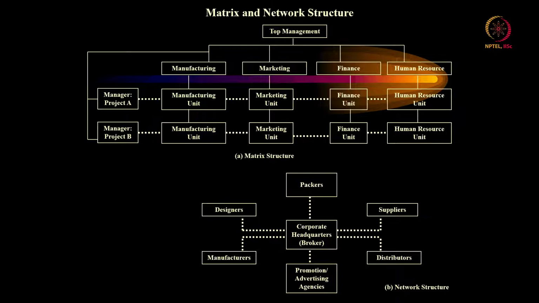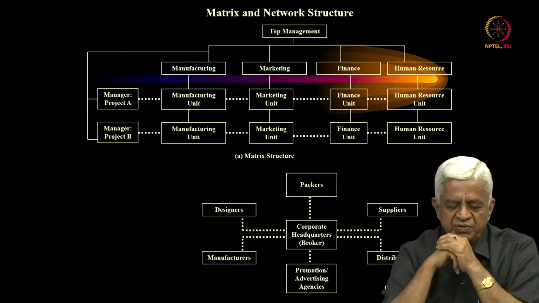So, what is the type of implication that you can draw? The implication is that this project manager has to learn working in a team with different functional heads. He should be able to work with the manufacturing head, the marketing head, the finance head, and the HR people also.